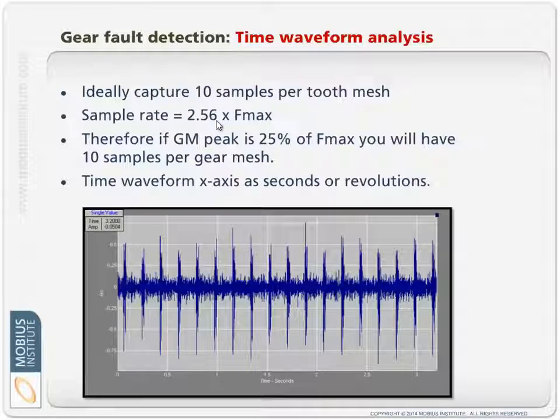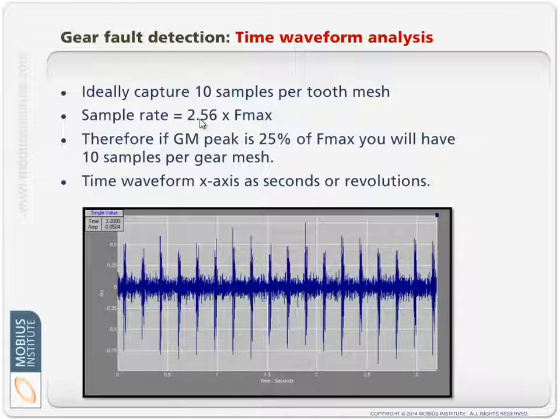Well, what if I put my gear mesh peak a quarter of the way along my spectrum? Therefore, the number of samples per gear mesh will be 4 times. If it's at a quarter, then it's 4 times 2.56, which is approximately 10 samples per tooth mesh.